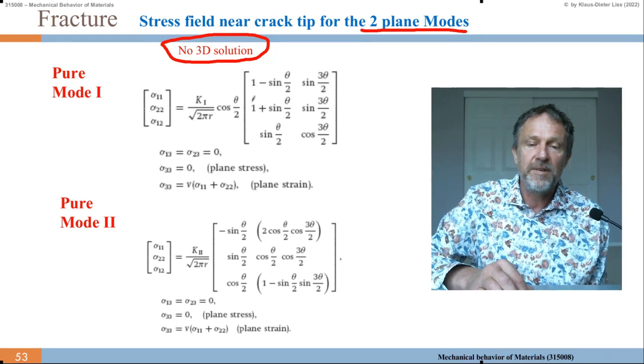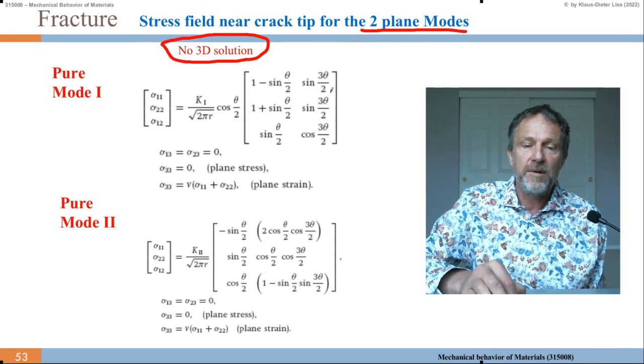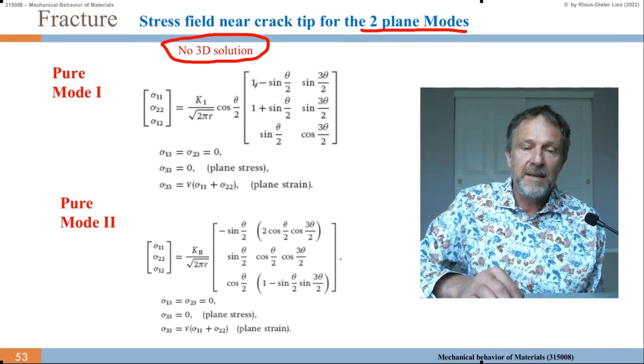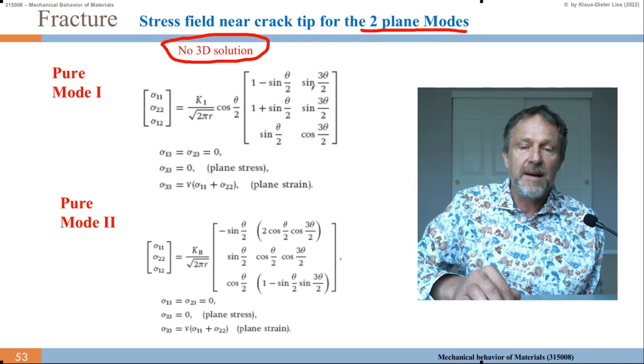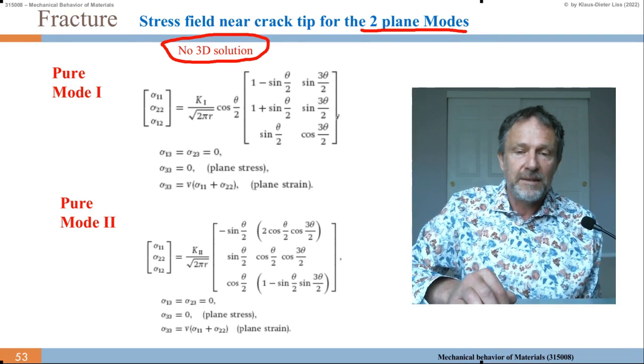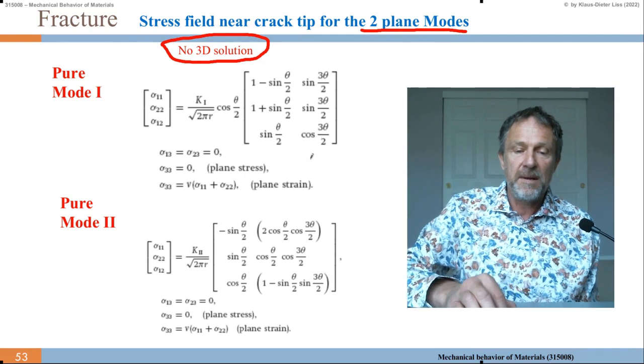This is a common factor. And then for the 11, you have this component. For the 22, you have that component, comprising sine theta half, sine 3 theta half behavior. I will plot them in a minute.